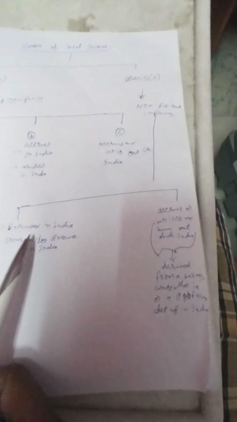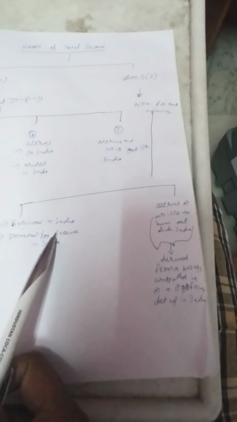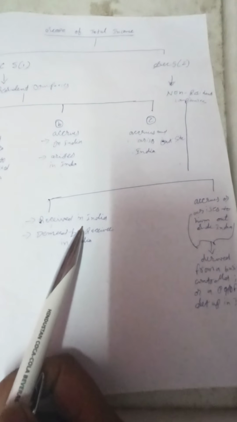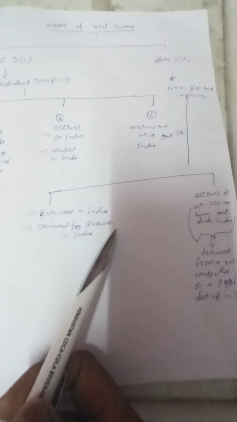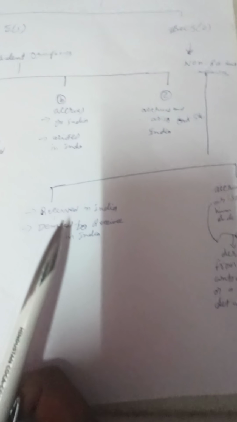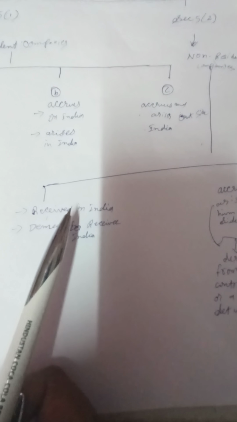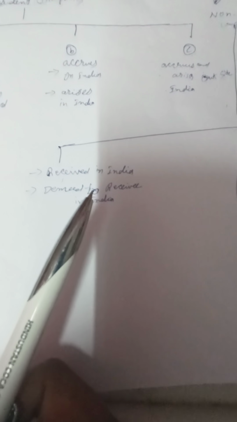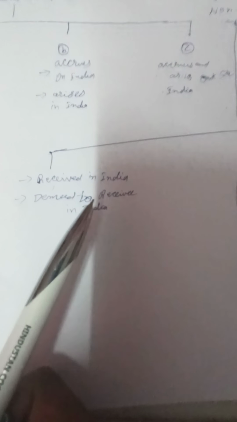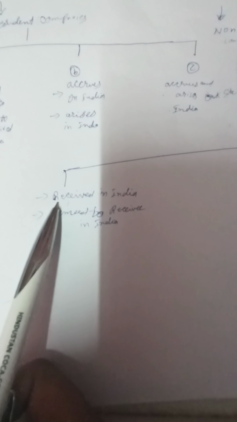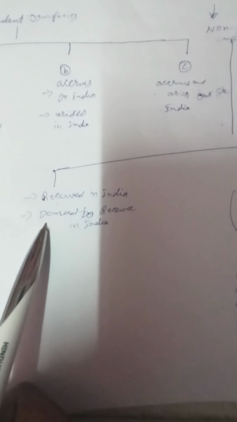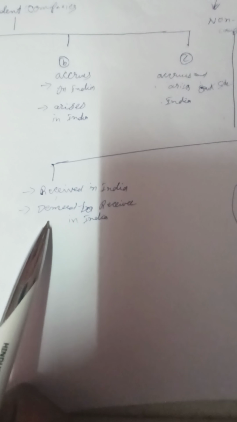So any income which is received in India by the non-resident company, pay the tax in India and leave to your country. See, ultimately the government wants the revenue. So even if it is a foreign company, if it is received in India, pay the tax to the Indian government, and likewise if it is deemed to be received in India.